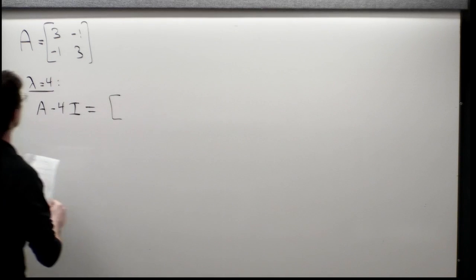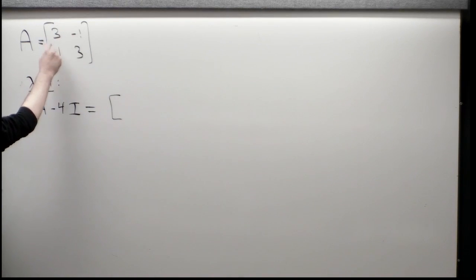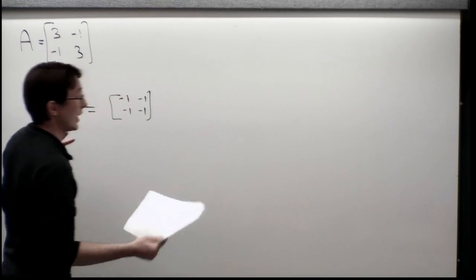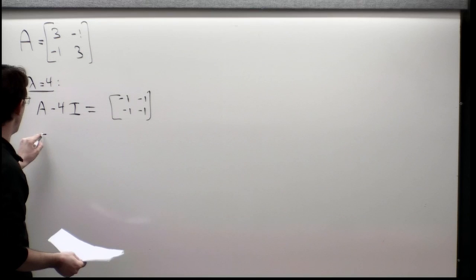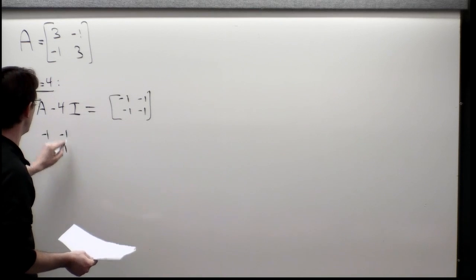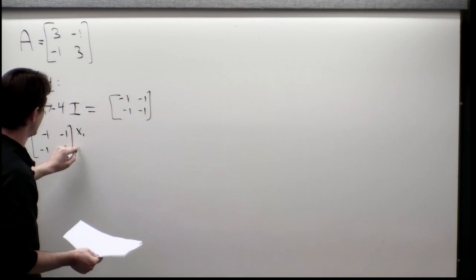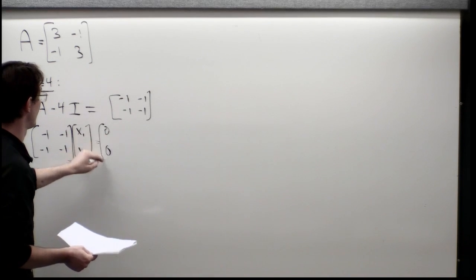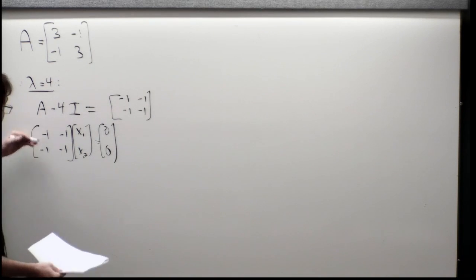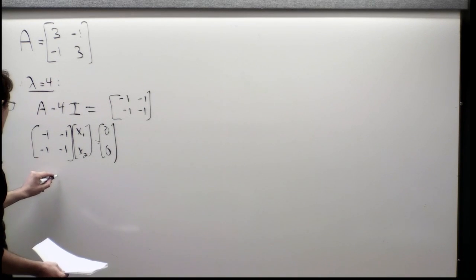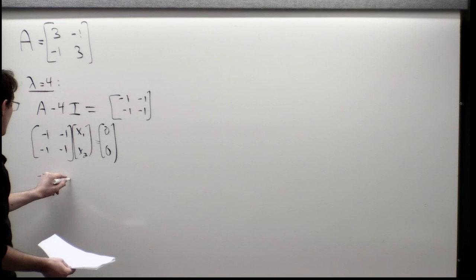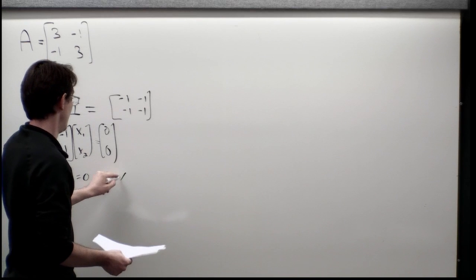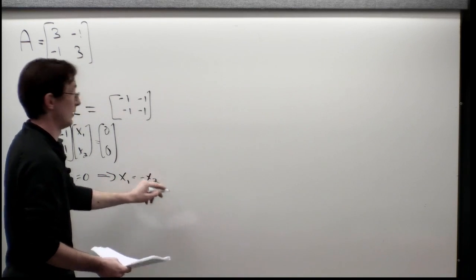That's just equal to [-1, -1; -1, -1]. Again, we want to solve this system times x equals 0. We get identical equations: minus x1 minus x2 equals 0, and this means x1 has to equal minus x2.